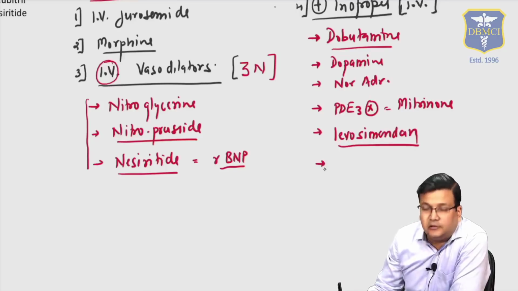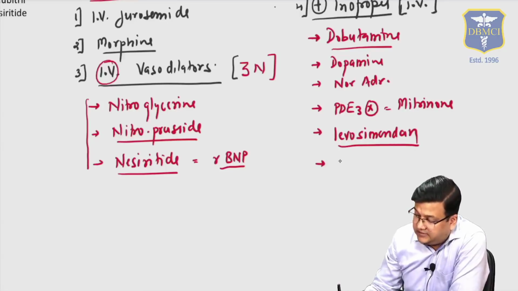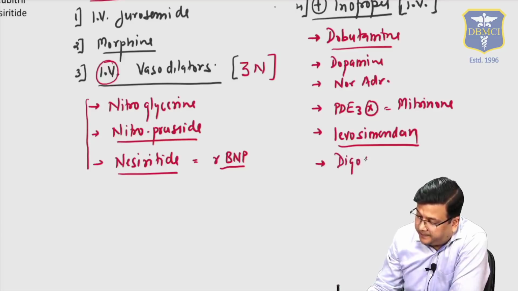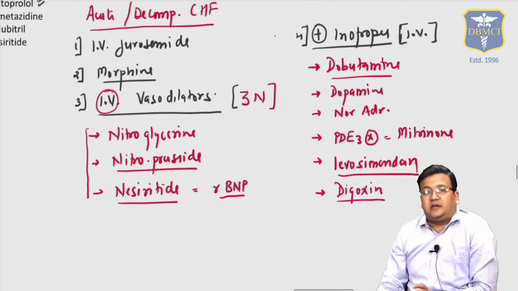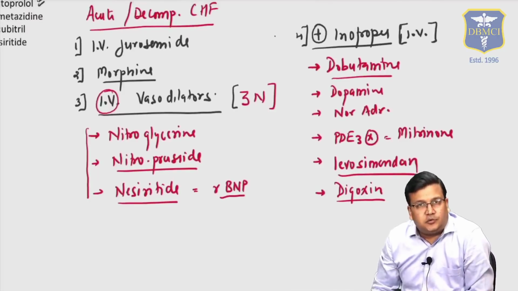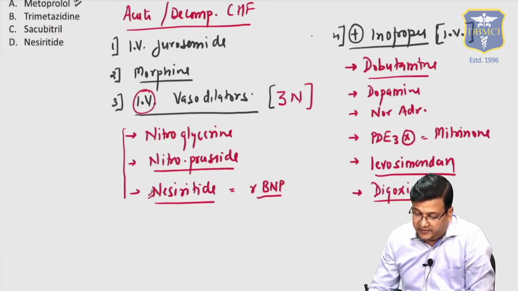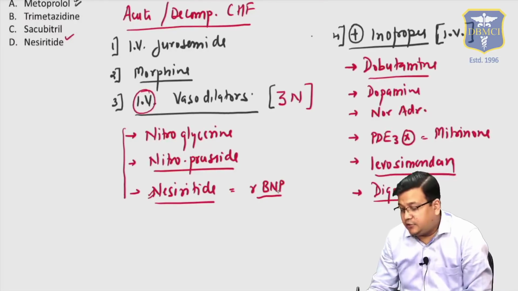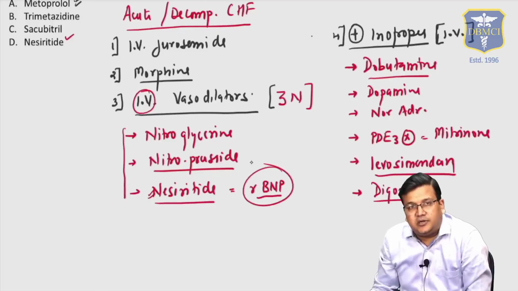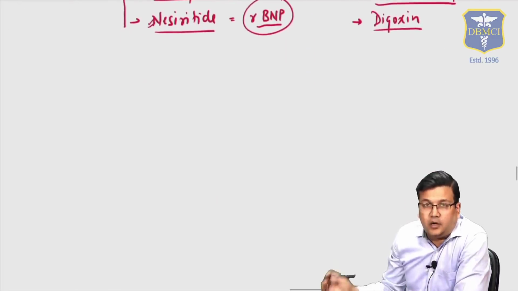And lastly, although not very commonly used nowadays, even digoxin can be given intravenously. So these are the drugs used in treatment of acute CHF. The treatment of acute CHF is intravenous, and out of the options, nesiritide is given. Nesiritide is a recombinant BNP used in treatment of CHF, so we can rule nesiritide out.